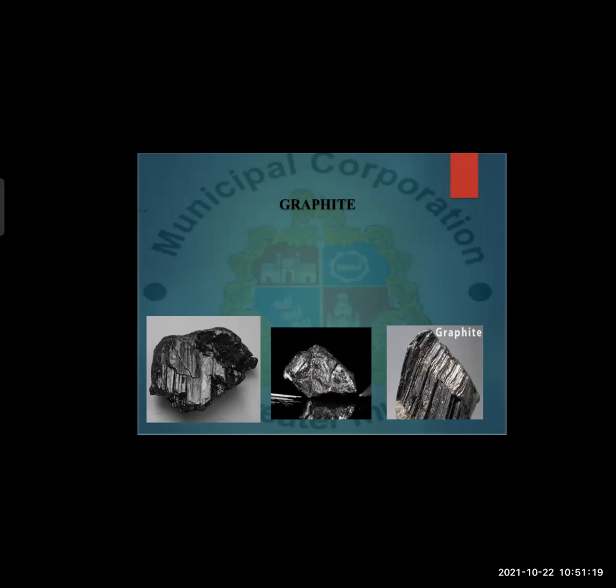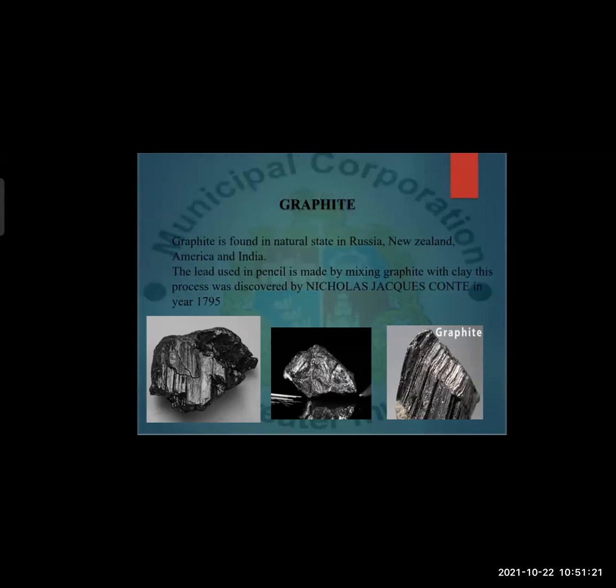Let's come to the points of graphite. Graphite is found in natural state in Russia, New Zealand, America, and India. This one is the purest, but it is not found exactly like this.